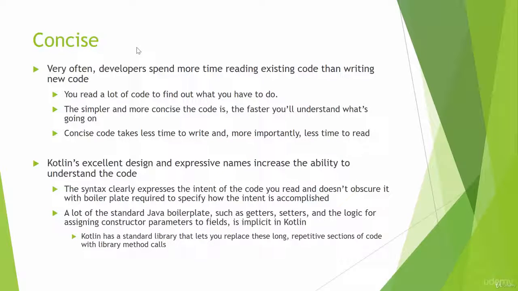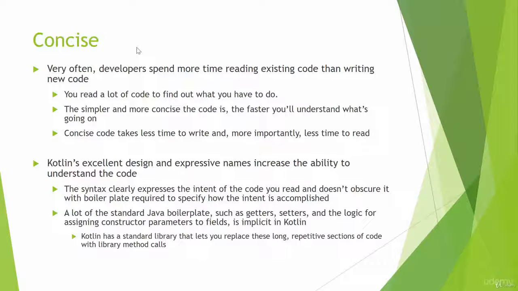Kotlin's excellent design and expressive names increase the ability to understand the code. So this is the concept of meaningful names. It looks very English-like when you read it, and even non-programmers can follow it somewhat because of the descriptive names. The syntax clearly expresses the intent of the code you read and doesn't obscure it with boilerplate required to specify how the intent is accomplished. It's very, very intuitive.